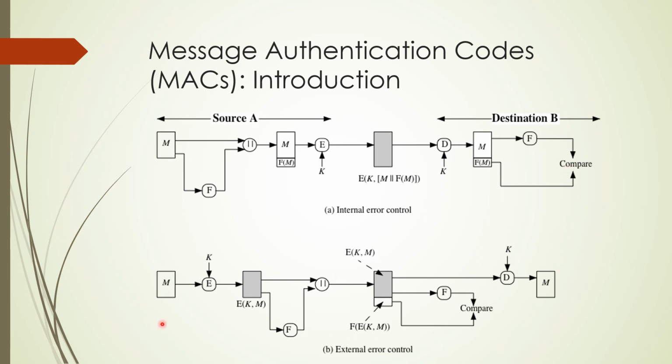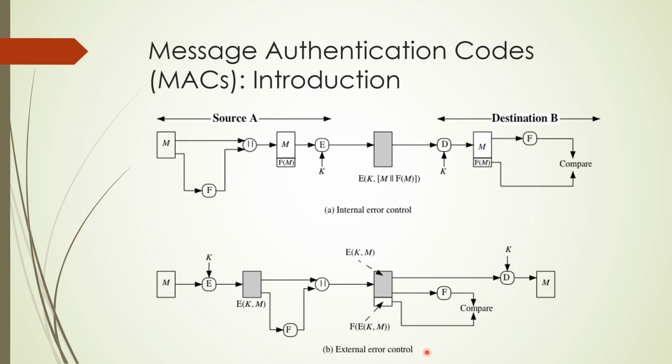And there's another way of doing this. You can first apply your encryption algorithm on the message, and after you get the ciphertext, you do the same thing. You just get the digest of the ciphertext, concatenate it with the actual ciphertext, and send it over. On the receiving side, get the ciphertext and its digest, apply f on the ciphertext, then compare it with the received digest.